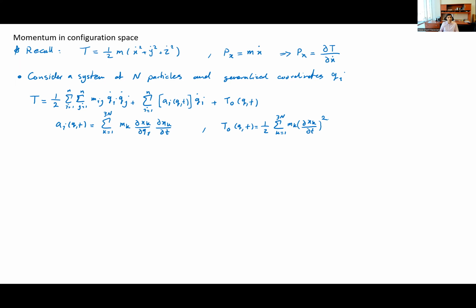So these are the two terms that show up because we have this time dependence in our transformation equations.